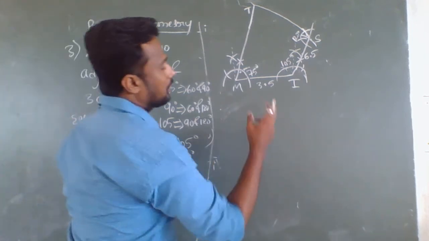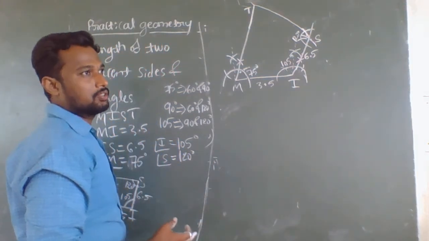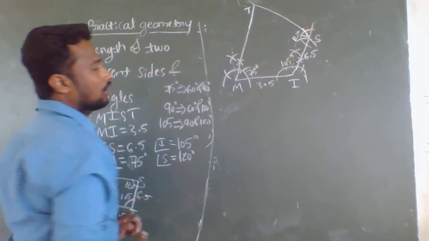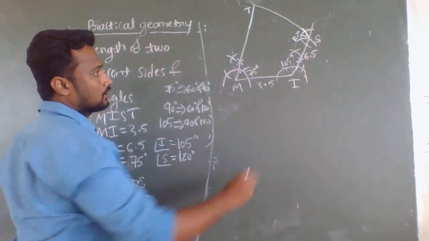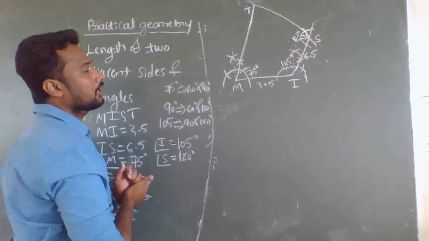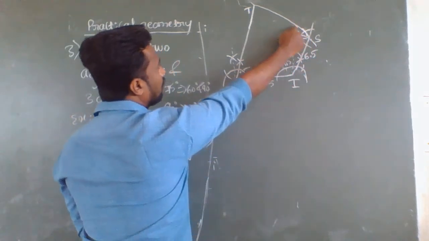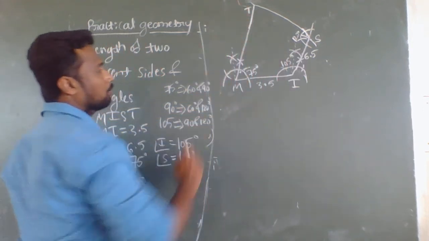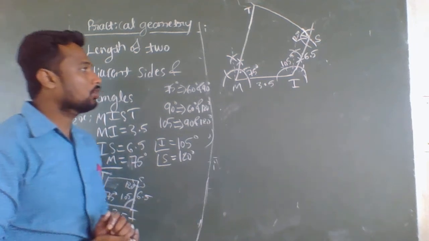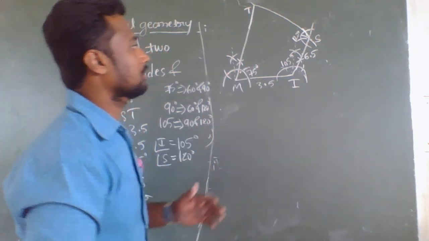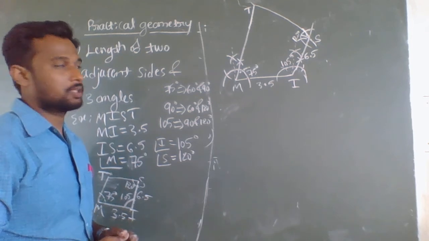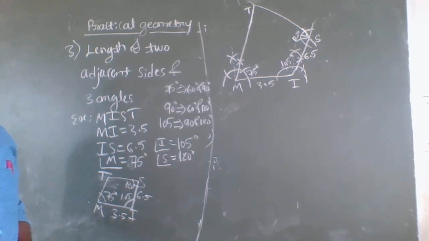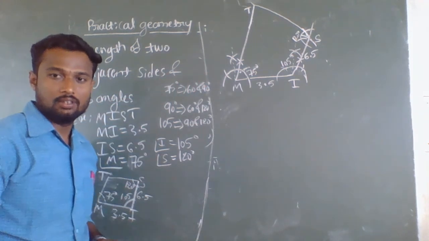So here, by taking the compass with 6.5 centimeters length, I will draw an arc on this line only and I will get point S, and this point S will have 120 degrees, and here I will draw a line which is of 120 degrees, and now I will join this M and S to get the point T. But you have to practice how to get these angles by using the compass. So keep practicing constructing angles by using the compass.